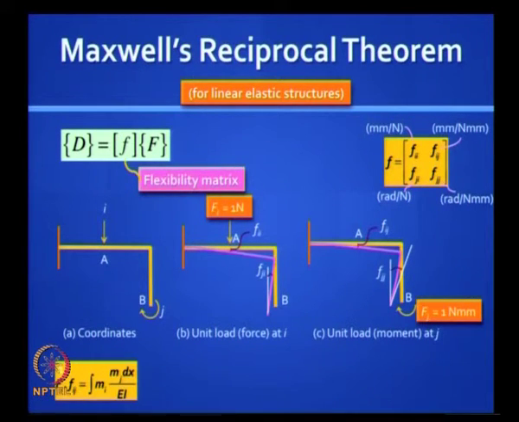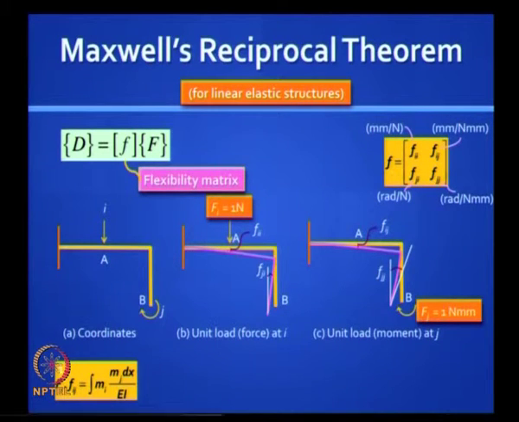Now the proof in this case is very elementary. You can prove it using the principle of virtual work. In the first instance, let us establish the principle of virtual work looking at the force field in system 1, that is caused by Fi, and the displacement field in system 2, that is caused by Fj.